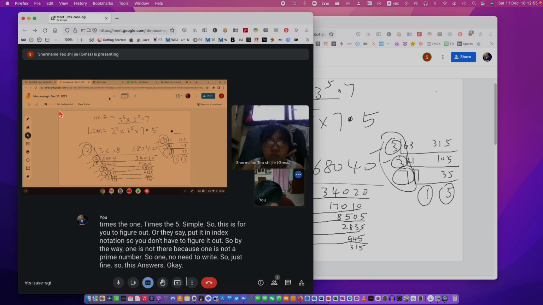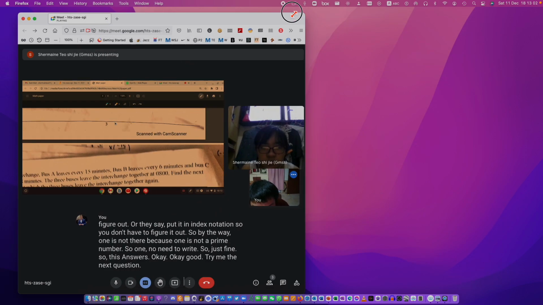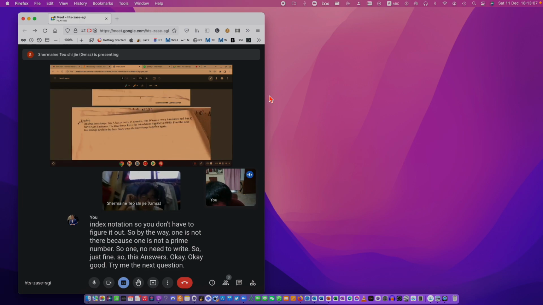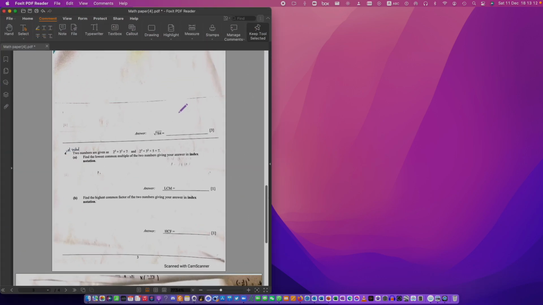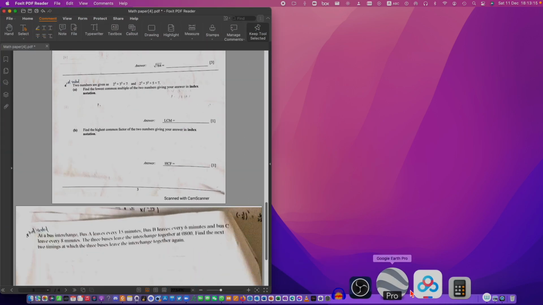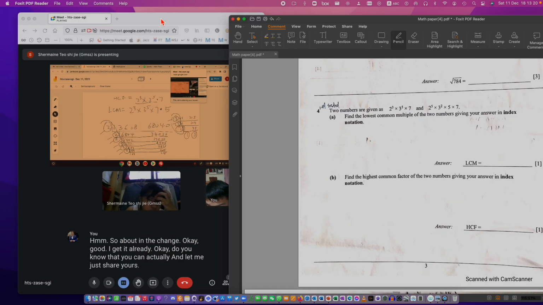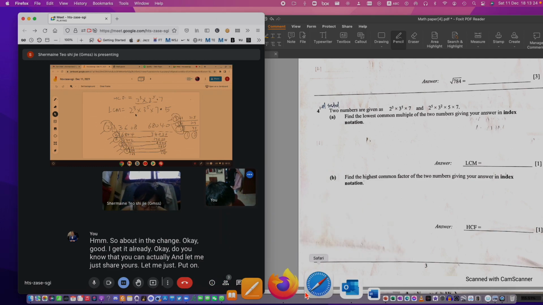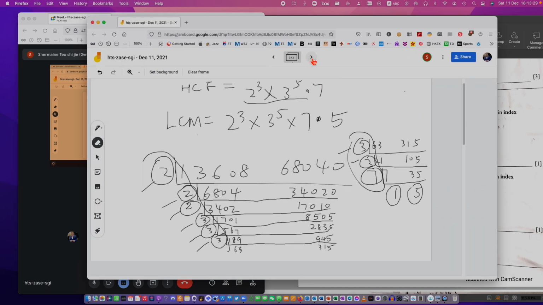Okay, good. Share with me the next question. So a bus interchange. Okay, good. I get it already. Let me just share your... So I need to go to the next page.